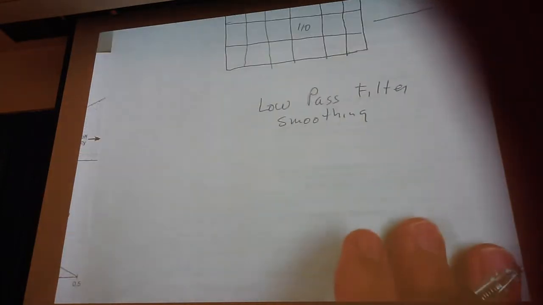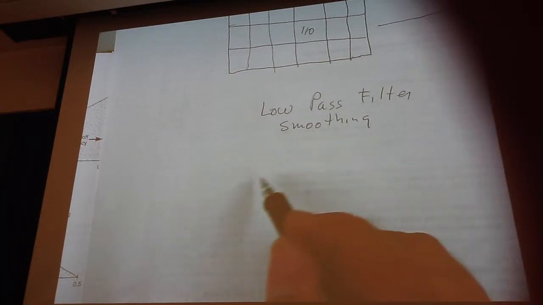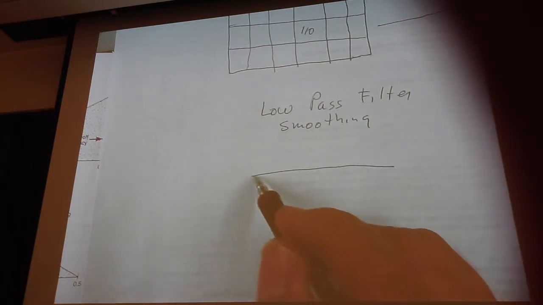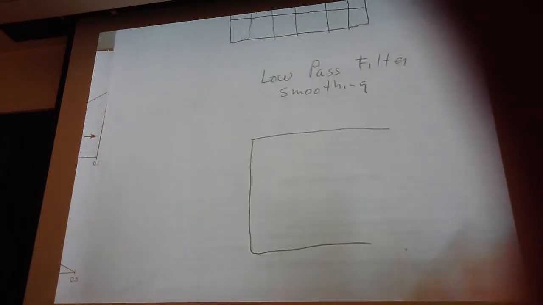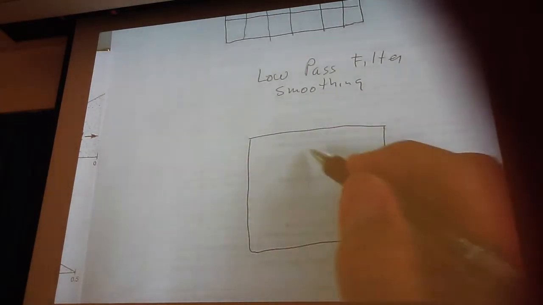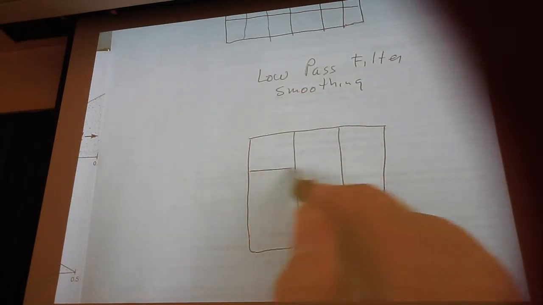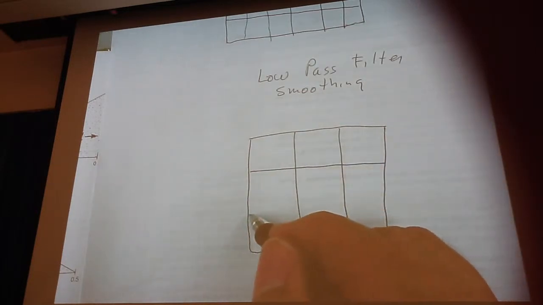There's actually a very sophisticated formula that we use to talk about this. But basically what it does, let me go back here for just a minute.